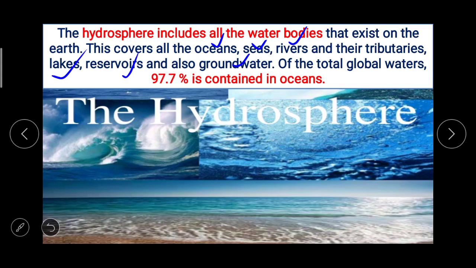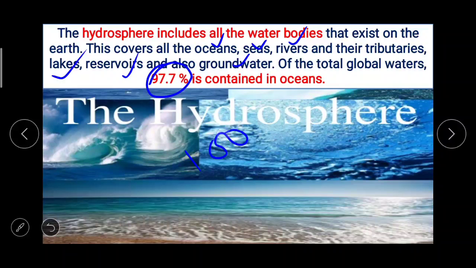Of the total global waters, 97.7, how much? 97.7% is contained in oceans. Just imagine this figure.